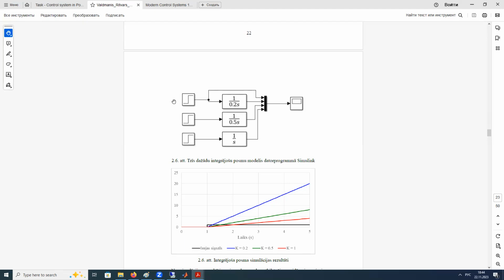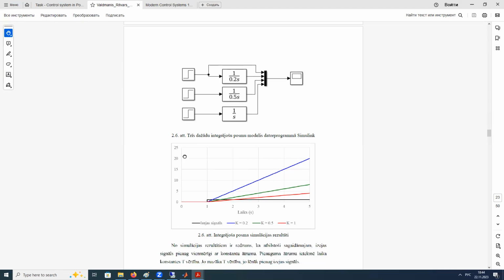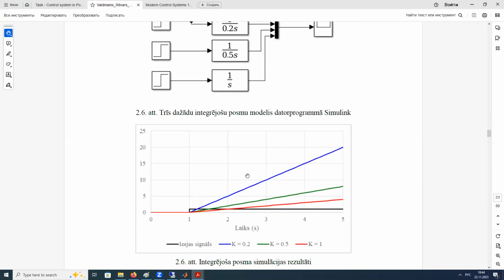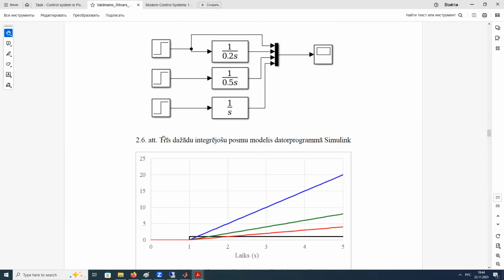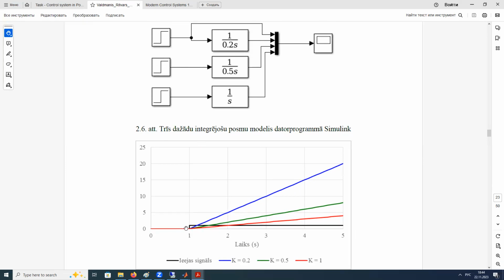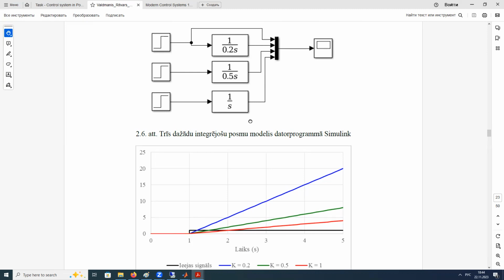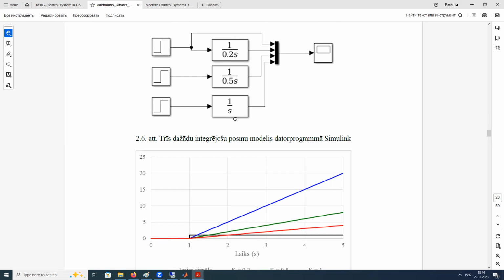And the initial signal: at the time moment 0, the input signal is 0, and at the time moment 1 second, this step signal generator switches on the value of 1. The black one is the input signal. It was 0, at the time moment 1 it becomes 1, like a digital signal.